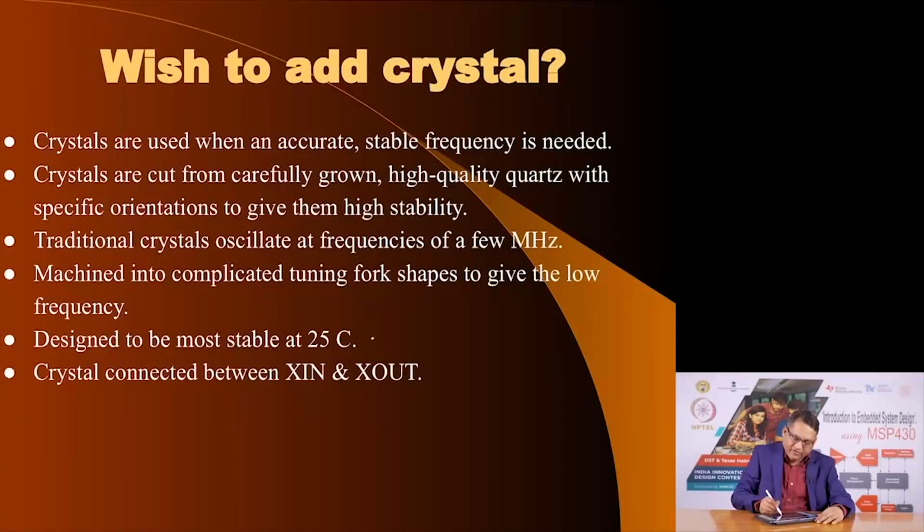Traditionally crystal oscillators offer you a large range from 32 kilohertz up to a few tens of megahertz. In our MSP430G2553 series, we are restricted to a 32 kilohertz crystal, and it is designed to give you the printed frequency at 25 degrees centigrade. In the case of MSP430, it has to be connected between these 2 pins, that is X in and X out.